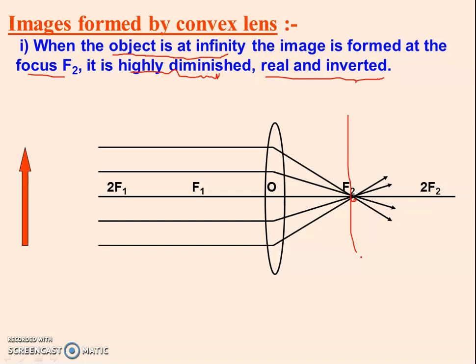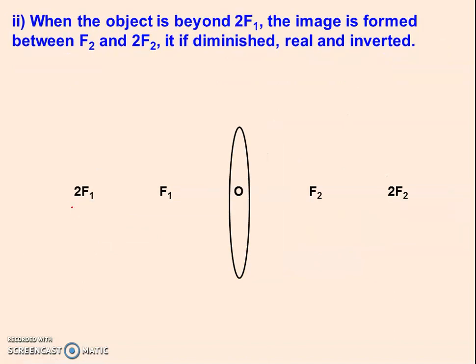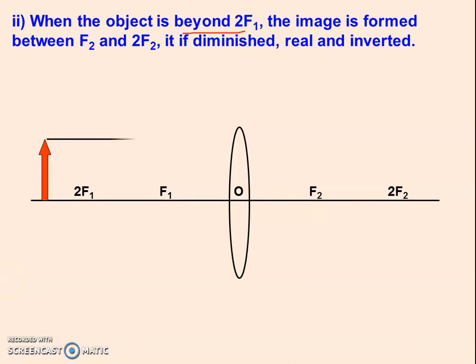Now in the second case, we will bring this object to a finite distance, but beyond 2F, meaning the object is somewhere here, right? This is the principal axis, object at finite distance, first ray parallel to the principal axis. We are using all these three rays which were discussed earlier.